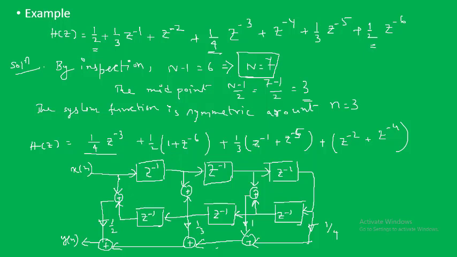And at this point we are getting x of n, and at this point we are getting x of n minus 6. So both of them have the same coefficient, that is half. So we are combining them. Similarly here for these two we have the same coefficient.